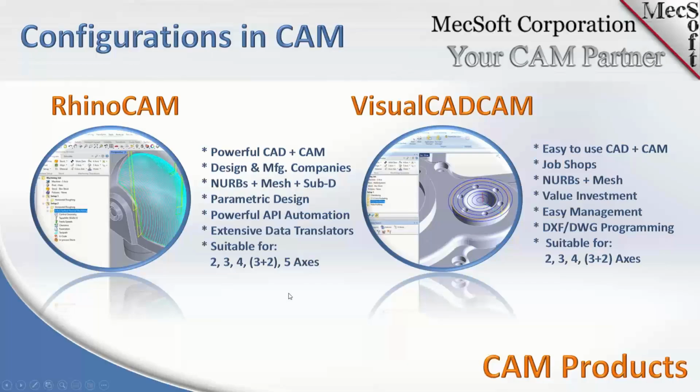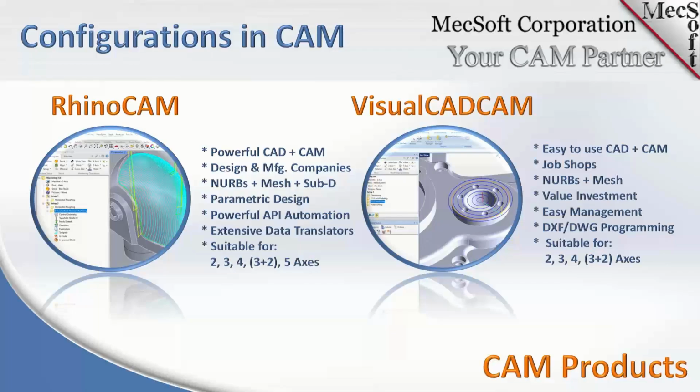All right. As far as the companies we target with RhinoCAM, it's more design and manufacturing companies, larger companies typically, while VisualCADCAM is more job shops, maybe a mom and pop operation and things of that nature. RhinoCAM includes NURBS, mesh, and sub-D modeling, while VisualCADCAM is basically NURBS plus mesh modeling.